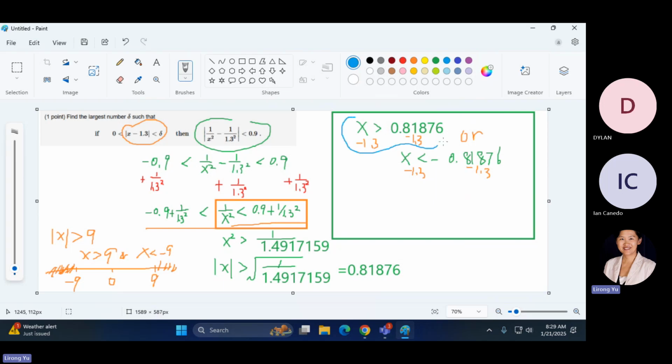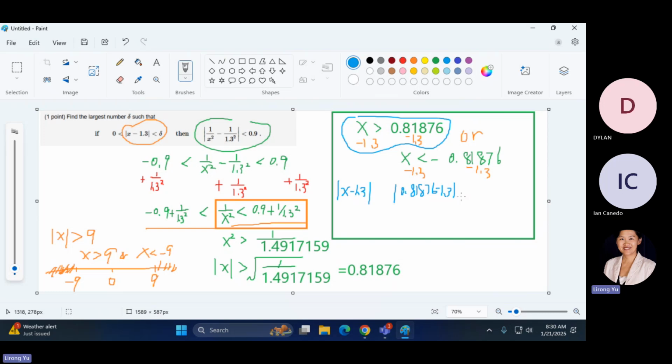From this one, if you add the absolute value, you're going to have x minus 1.3, and this boundary is going to be the absolute value of 0.81876 minus 1.3. That will be the boundary for this, right? On the other side, if you take the absolute value, you're going to have this boundary. But because they are both negative, this one is definitely going to have a bigger absolute value after you take the absolute value. So I believe that one should be it.